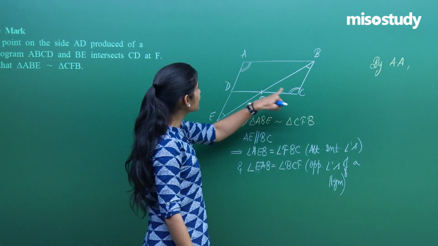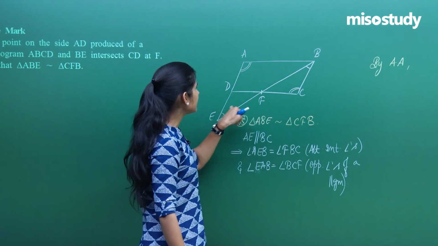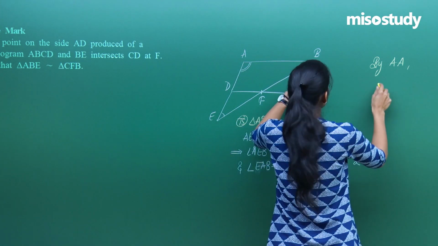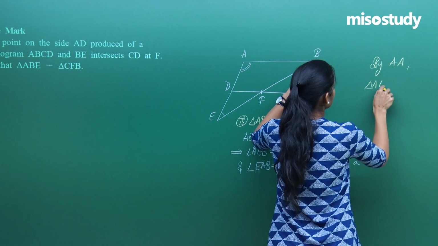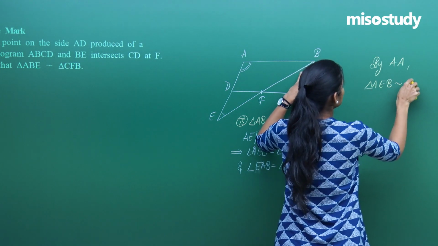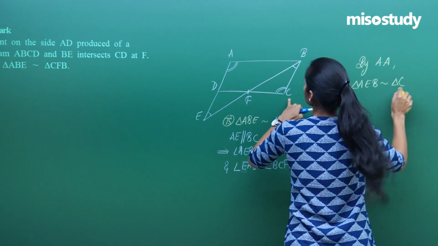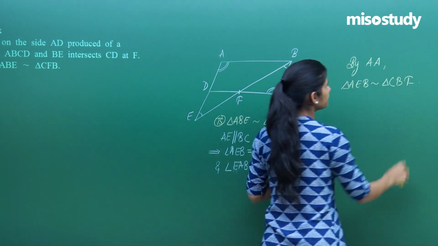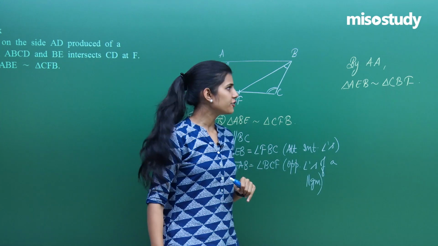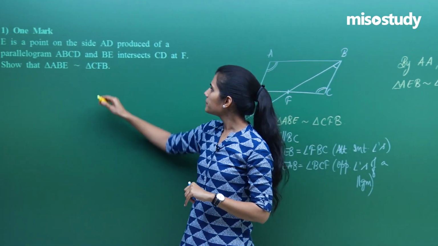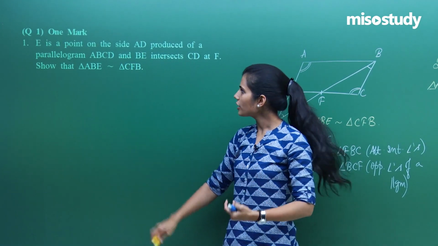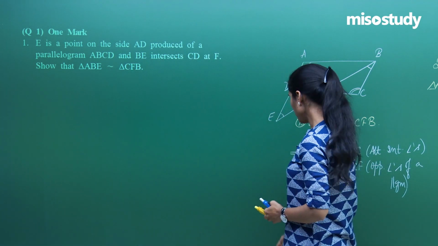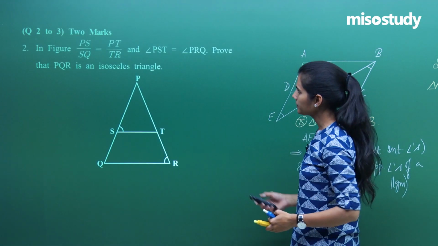You have A corresponding to C, and E corresponding to B. So I will have triangle AEB is similar to triangle CBF. So I have proved that triangle AEB is similar to triangle CBF, or triangle ABE is similar to triangle CFB. Clear? By AA similarity criteria.